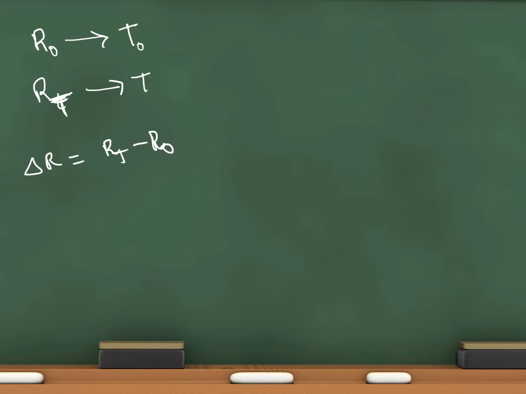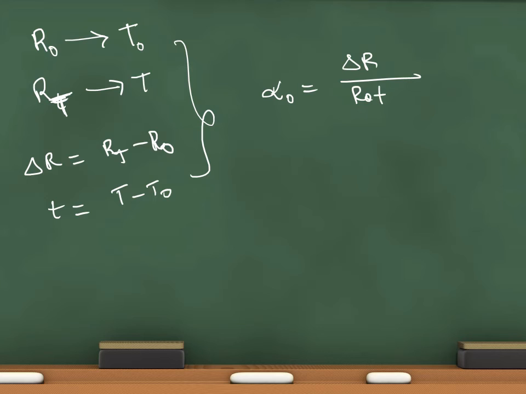Suppose we have a resistance R naught at T naught and resistance RT at T. The change in resistance is RT minus R naught, and the change in temperature is T minus T naught, and this will result in alpha naught equal to R T minus R naught over R naught T.